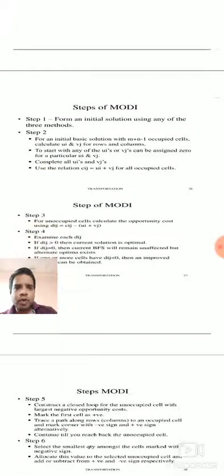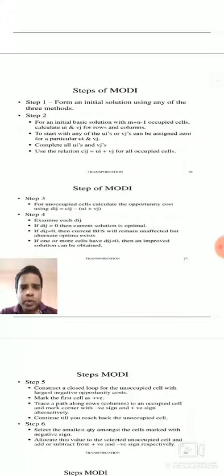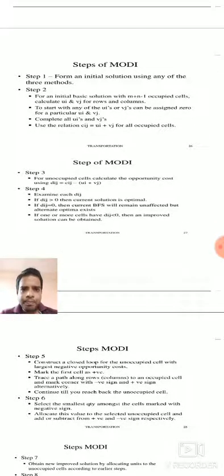Now we need to follow the steps to carry out the optimality test by using the Modi method. In the first step, we need to find the initial basic feasible solution using any of the three methods. Next, in step 2, we need to check whether the number of allocations is equal to m plus n minus 1.